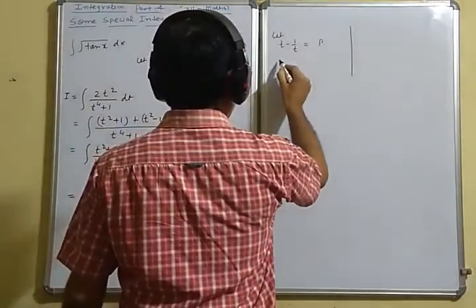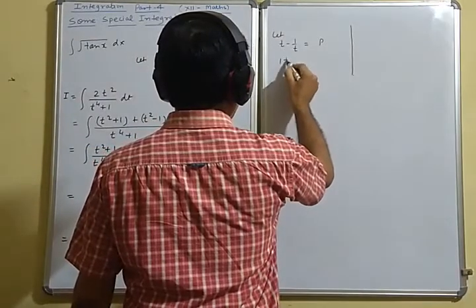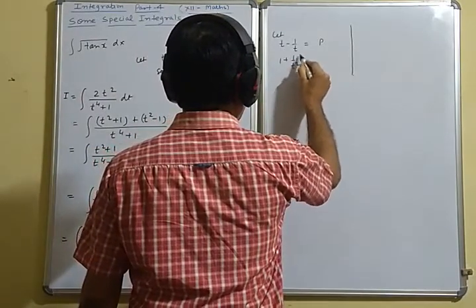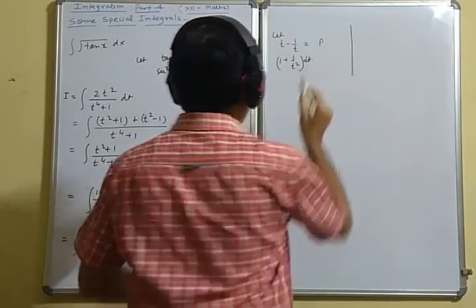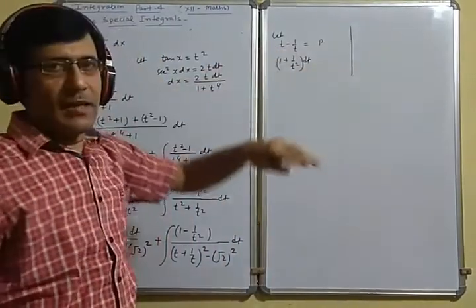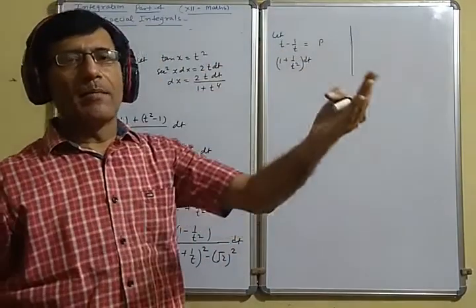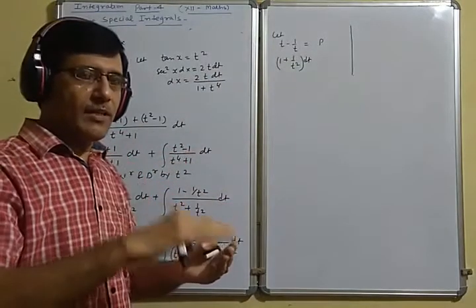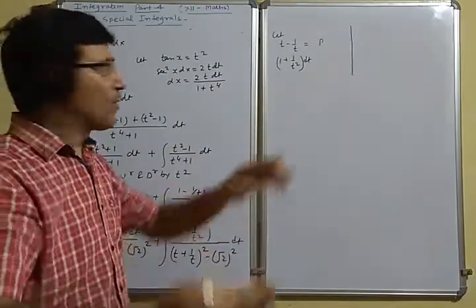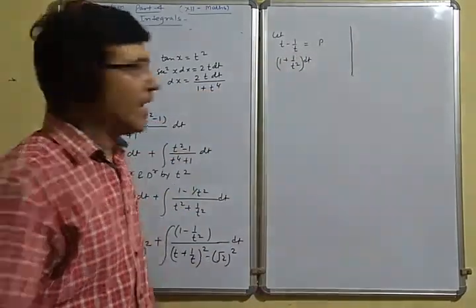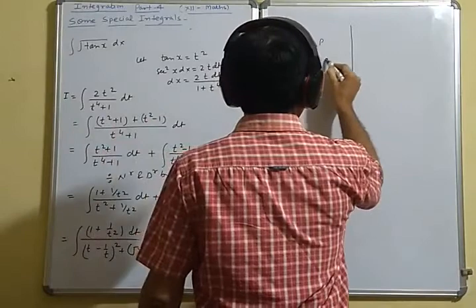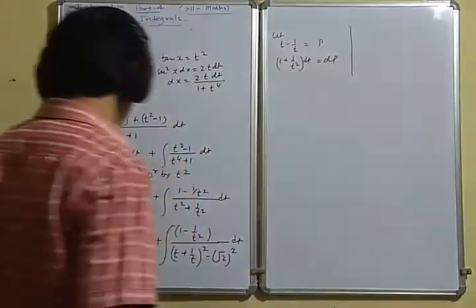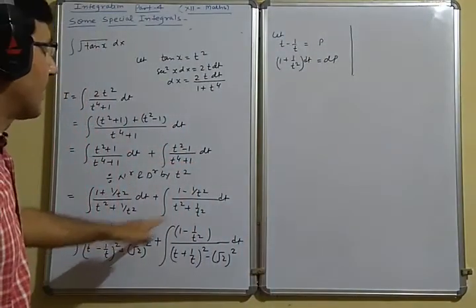So differentiation gives 1 minus minus 1 upon t square, since 1 upon t is t raised to power minus 1, whose differentiation is minus 1 t raised to power minus 2. So 1 plus 1 upon t square dt becomes dp.